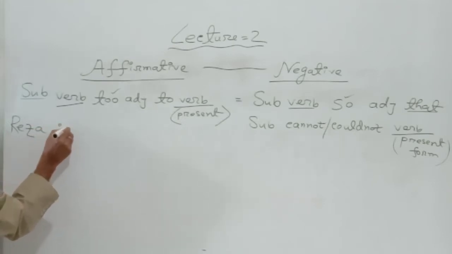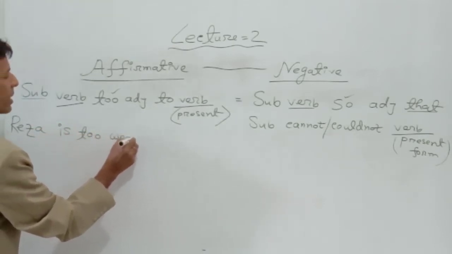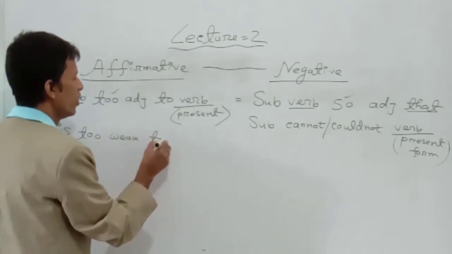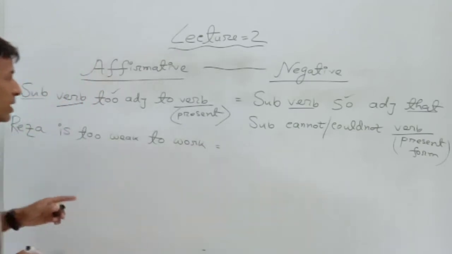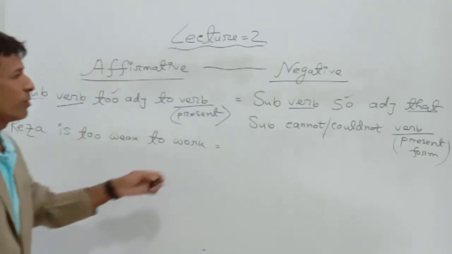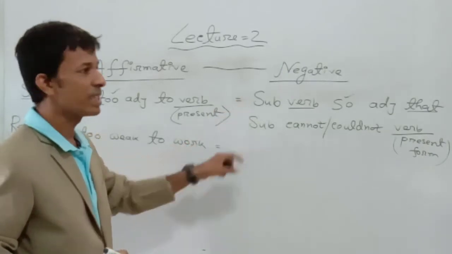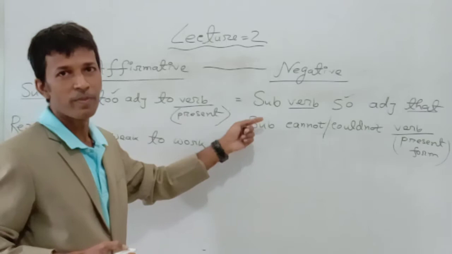Reza is too weak to work. Such kind of affirmative sentence can easily be transferred into a negative sentence if you follow this example. Dear students, always try to memorize all these structures from my online classes.